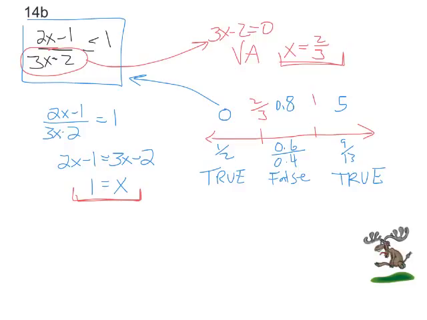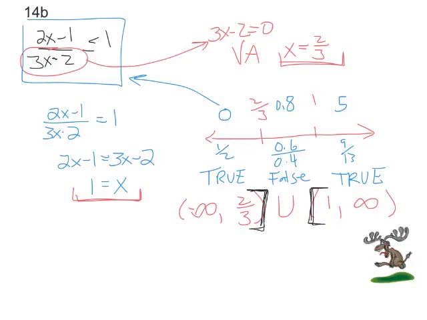So our solution set would be from negative infinity to 2/3 in union with 1 to infinity. And since we are including where it's equal, we want to actually make these hard brackets because we include those values.